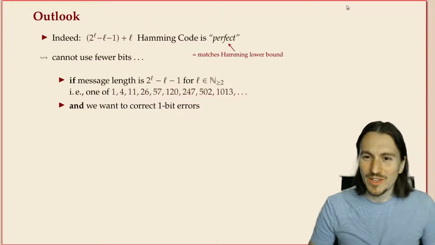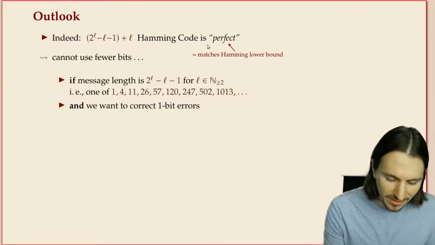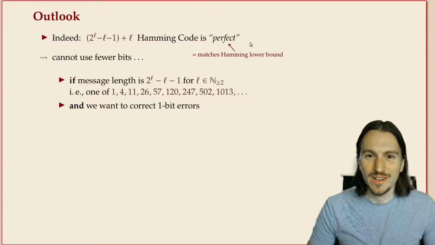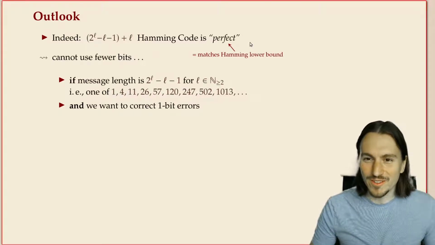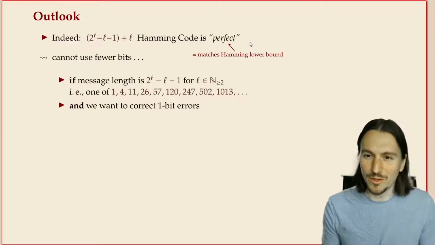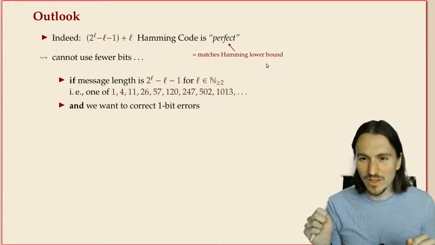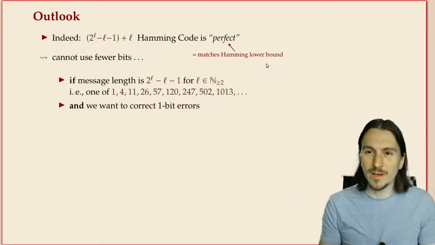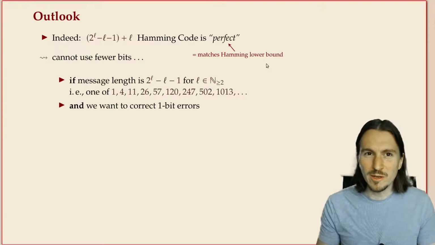Also, Hamming codes are in a certain way best possible. Well, in the coding theory literature, these are called perfect codes because of this property that they cover exactly the entire space. The minimal distance between code words is 3.